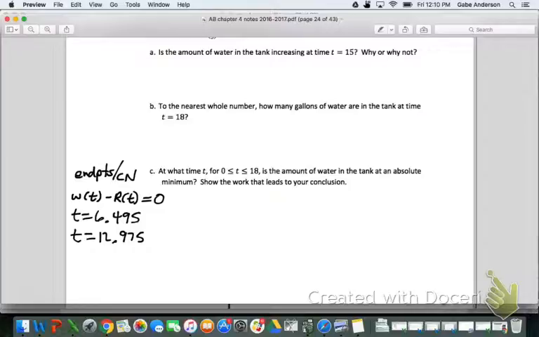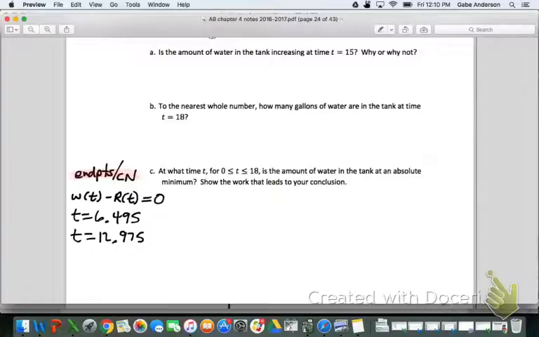You guys said endpoints and critical numbers are the candidates. Of course the endpoints are right there, 0 and 18. Critical numbers we just found. What do we typically do with those? We make a table, right? Yeah, there we go.